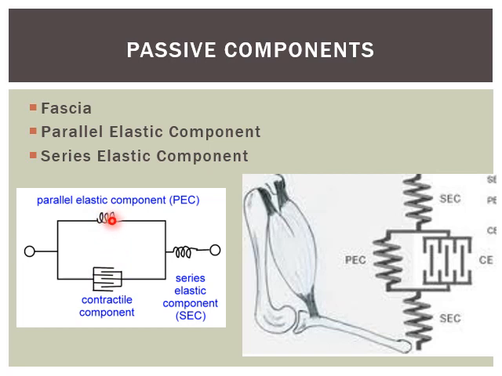So here's the parallel elastic component representative of a muscle. You see over here, here's a muscle. They're showing you the parallel elastic, the contractile component, and the series elastic component. The contractile component is where the myosin and actin slide over one another in the muscle. The series elastic component are the structures in series with that, and the tendon is a big component of that.